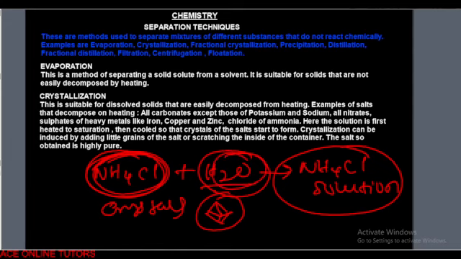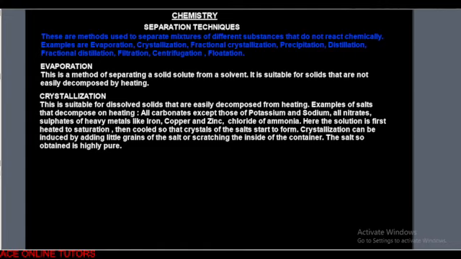Now another thing about it is that if this crystal do not start forming, there are two ways you can make the crystals to start forming. The first way is by what? By adding grains of the salt. That means that you add some little amount of NH4Cl to the solution, so that the crystal will start forming quickly.